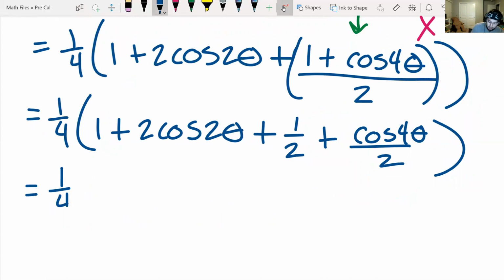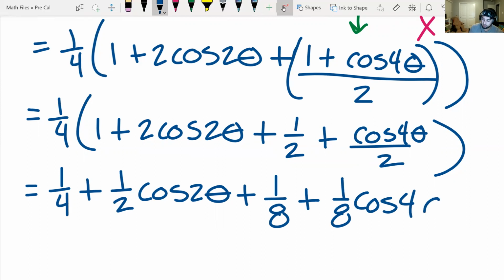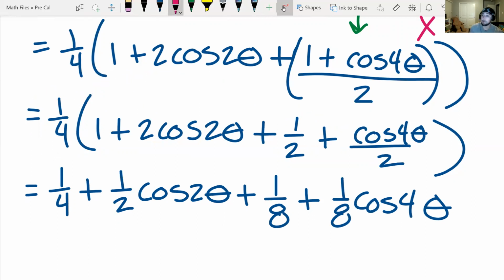I get 1/4 plus 1/2 cosine 2 theta plus 1/8 plus 1/8 cosine 4 theta. So all I did was take this 1/4, distribute here, here, here, and there. Nothing crazy.